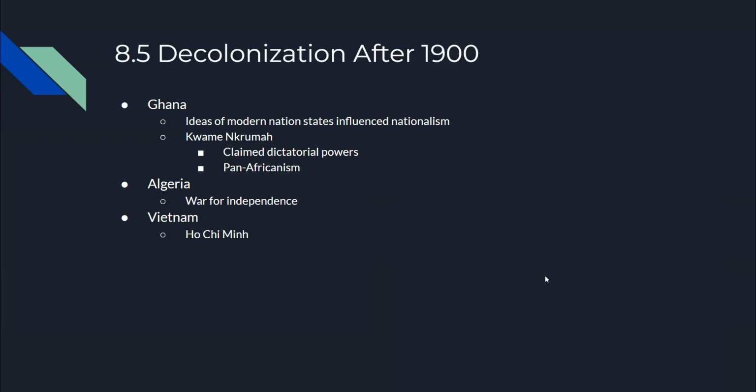And one of his ideas was Pan-Africanism, or basically, well, how do I explain this? Basically having the culture of all the nations in Africa together, and rejecting intervention from former colonial powers.